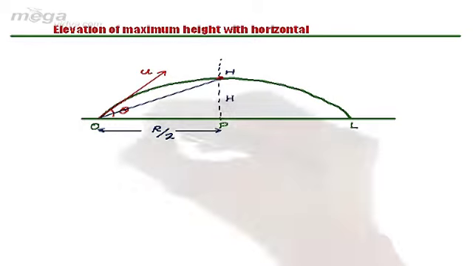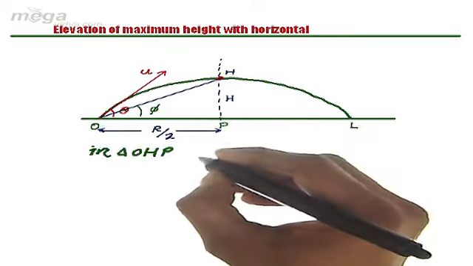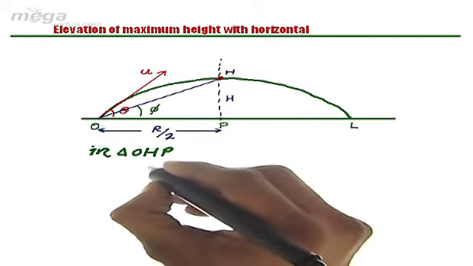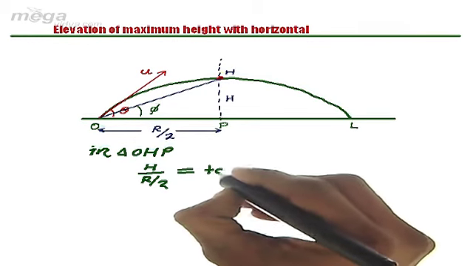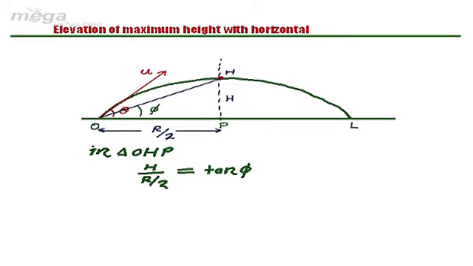If I write this angle as phi, then phi is called the angle of elevation of point H with respect to point O. So phi can be calculated here, because in triangle OHP, H upon R by 2 is tan phi, since H is the perpendicular and the horizontal distance is R by 2, that is range divided by 2.